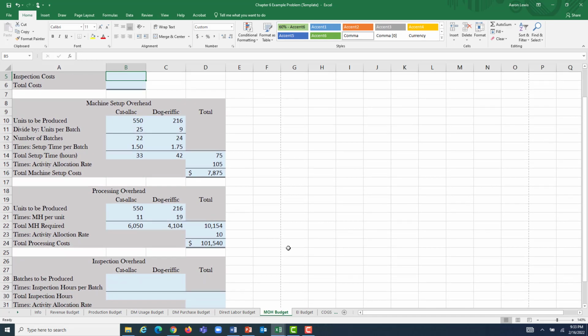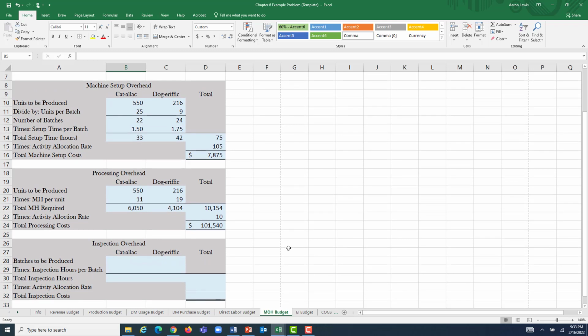Then, after the units are produced, before we decide we're going to sell them to the people, we should inspect them. As we see here, they're going to inspect in batches, and it kind of makes sense. It would be really silly to produce one Cadillac and tell somebody, look it over. No, we're going to wait until we have those batches of 25 or 9 Cadillacs, respectively.